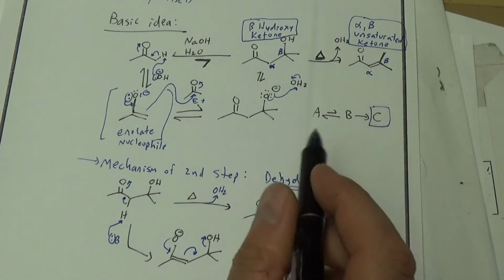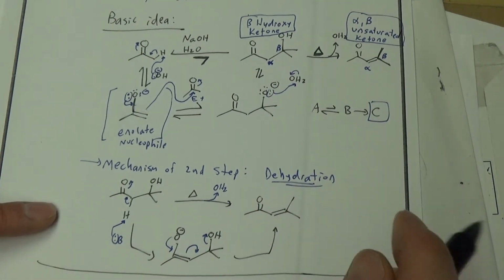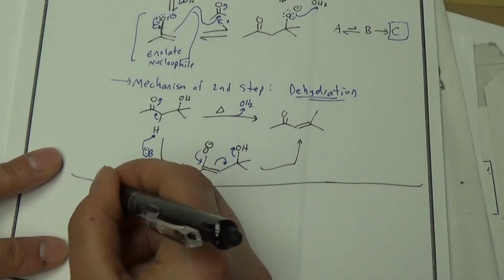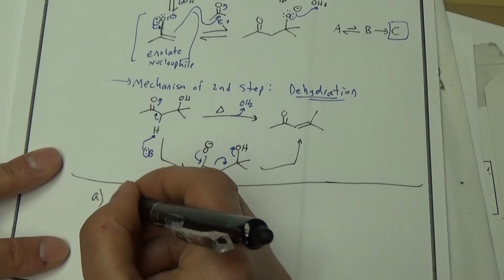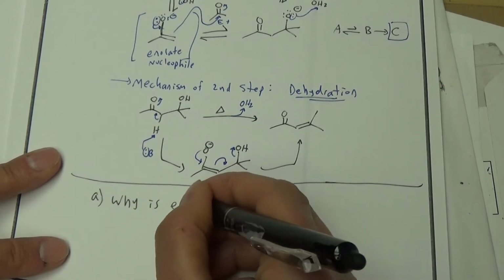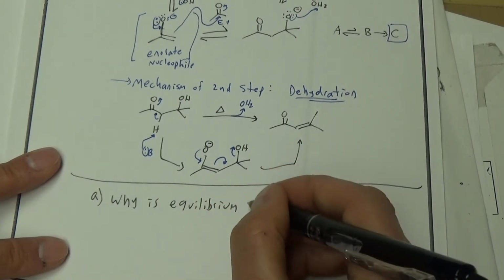All right. So, a couple questions here. We'll kind of address them each. First question is, why is that equilibrium initially disfavorable?